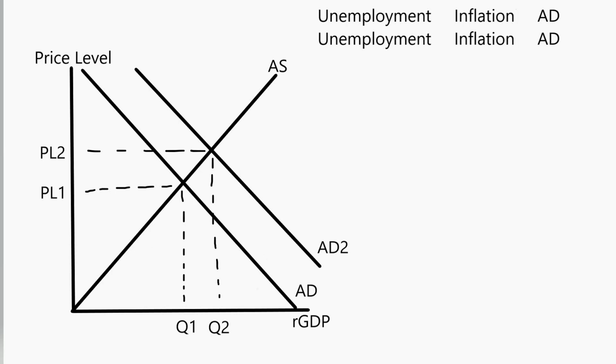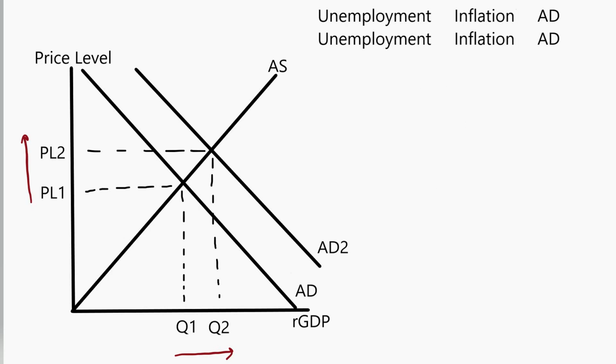So when aggregate demand rises, we already know that employment rises along with price levels. So employment and price levels rise together. Since employment and price levels rise together, by logic, unemployment, the opposite of employment, is inversely correlated with inflation.